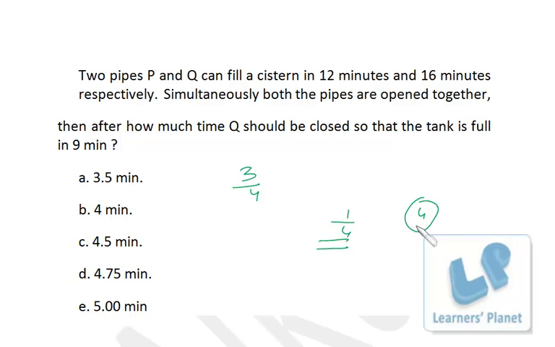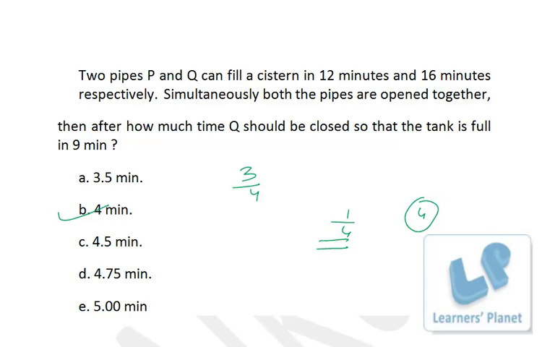Both of them are working simultaneously, but in 4 minutes Q alone might have filled 1 by 4 of the tank. So after 4 minutes the tap Q can be closed. This is the correct answer.